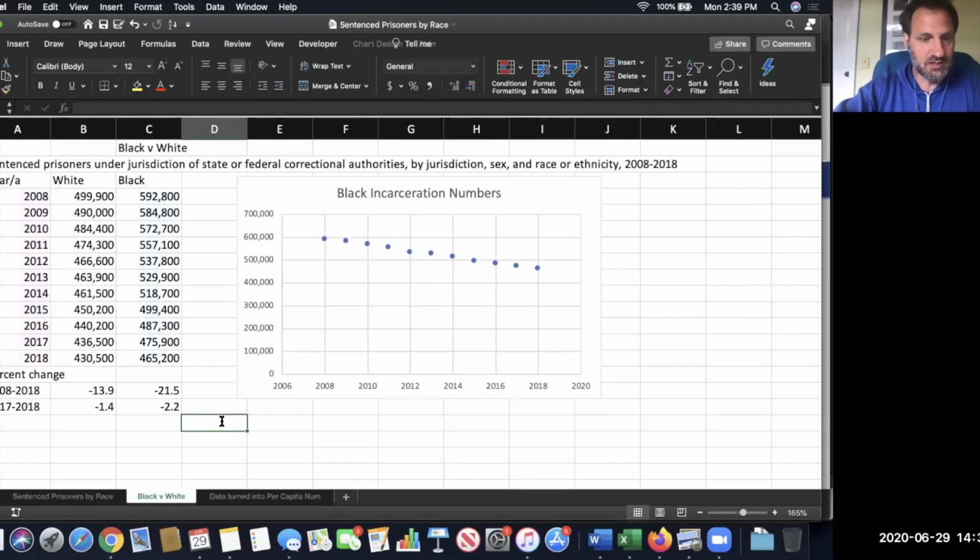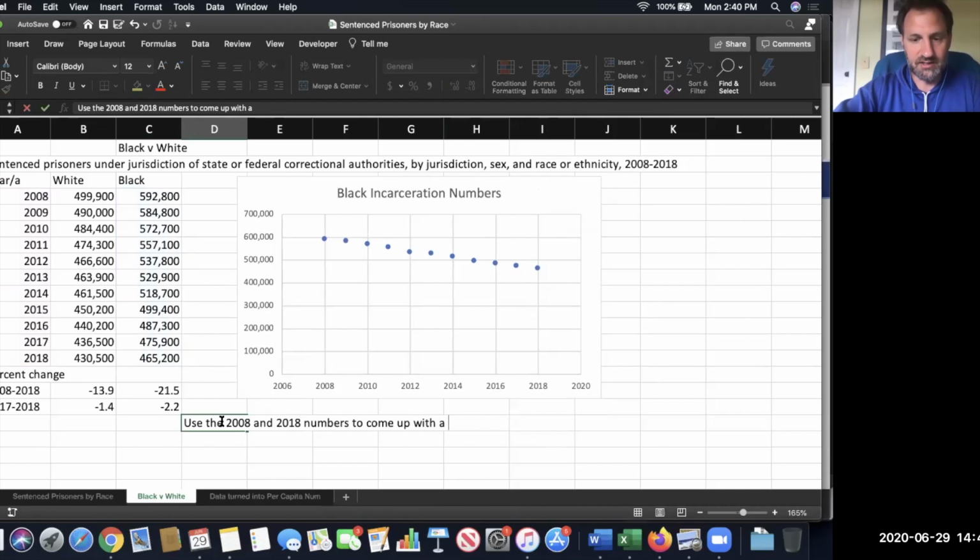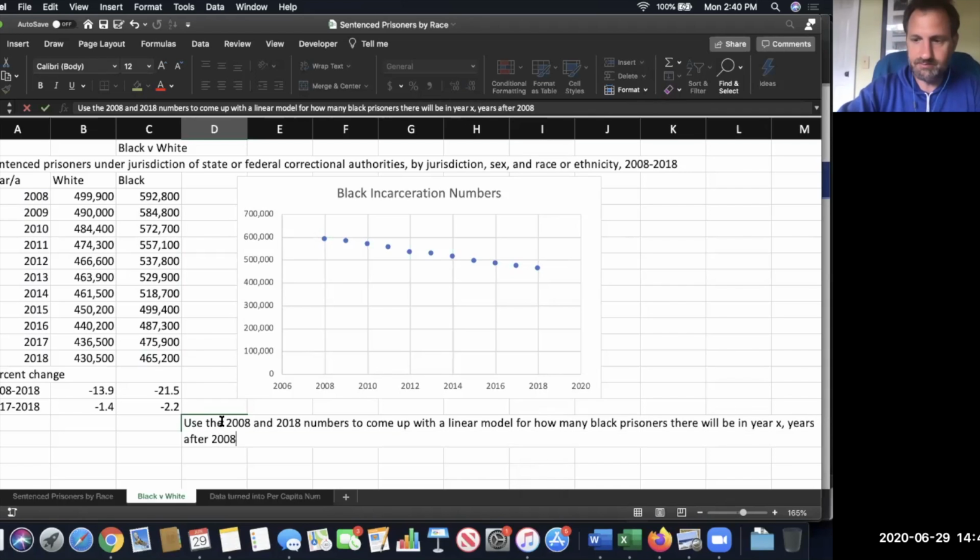Let's just apply what we just learned to create a model for this situation. So let's use the 2008 and 2018 numbers to come up with a linear model for how many black prisoners there will be in year X, which we're going to call years after 2008, and then use that model to predict the population in 2028, 2025, whatever.